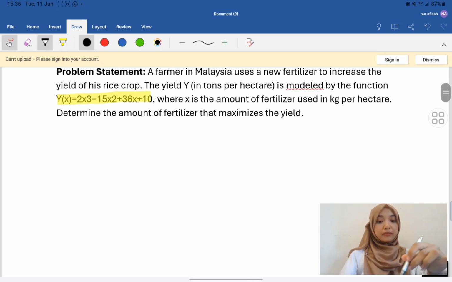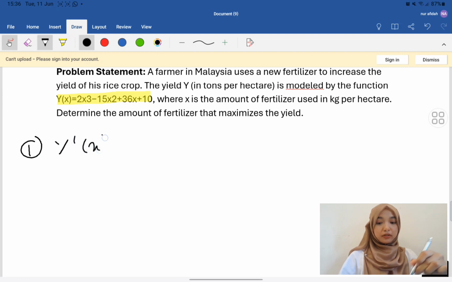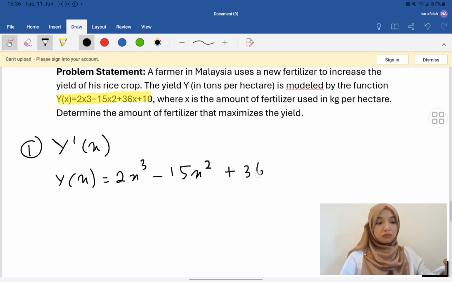So the first step, we're going to find the first derivative of the yield function given as this.